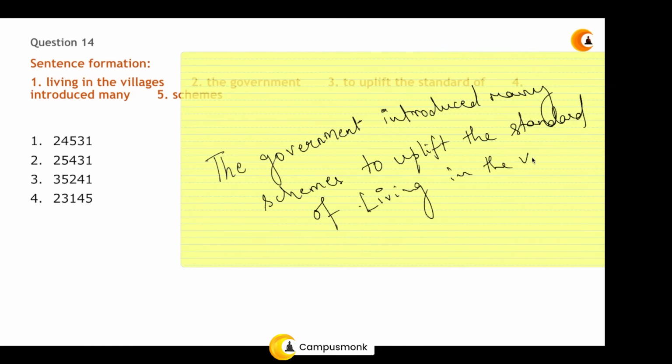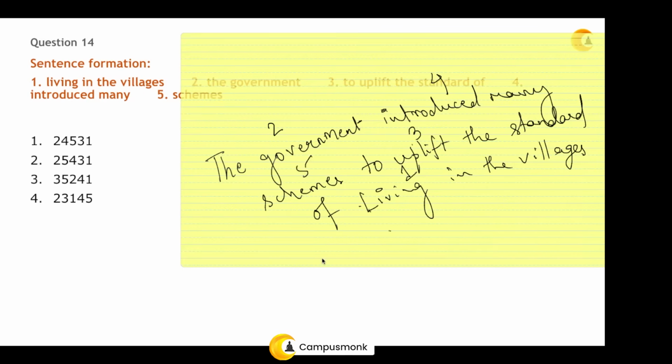in the villages. Okay, see, if you again consider the statement, this is again simple English. You just need to understand the objective and frame the statement in a proper sensible manner. So the government, that is in part 2, introduce many schemes, that is in 4, to uplift is in 3, the standard of living is in 1.